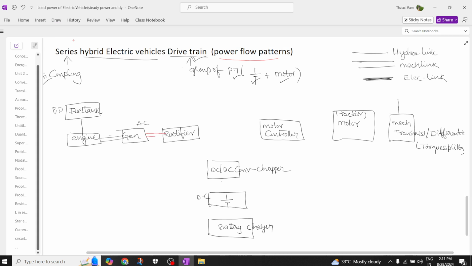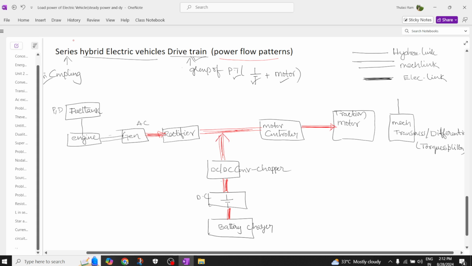Okay, so here you are going to have an electrical connection between these two, and again this is connected to the motor, and again this is connected to the converter, and from this converter it is connected to the battery, and from the battery this red line, which is shown in dark color, is nothing but the electrical connection. From the motor controller this is connected electrically through the electrical line.